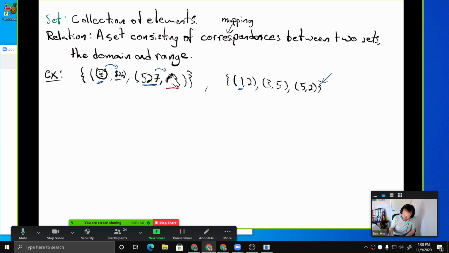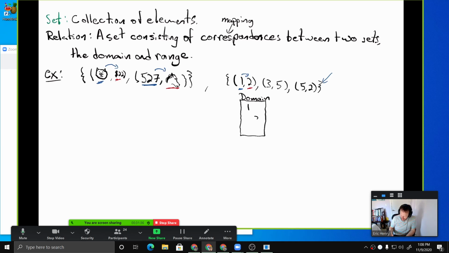And here we have 1 mapping to 2 in the range, right? So 1 from the domain maps to 2 in the range. And if we draw out a picture showing the domain and the range, 1 is going to be an element in that box, in that domain box.